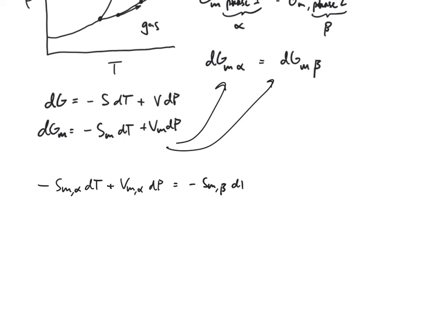Sm beta dT. Vm beta dP. Right, so now we want to get the dT and the dP on the same side of the equation, and we want to get the S and the V on the opposite side of the equation. So I'm going to skip ahead. I'm going to do all that algebra now and skip ahead, and you can take a look back and see how I did it.